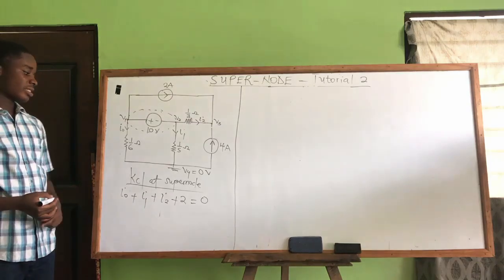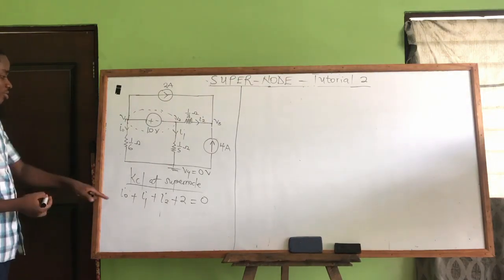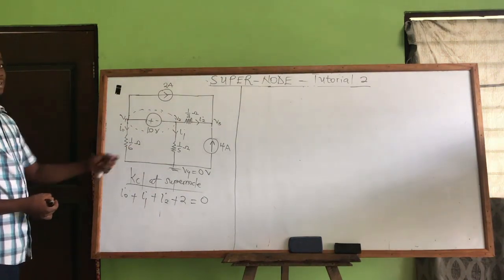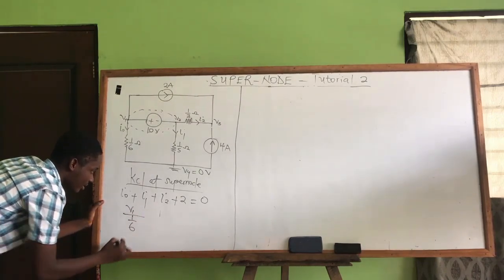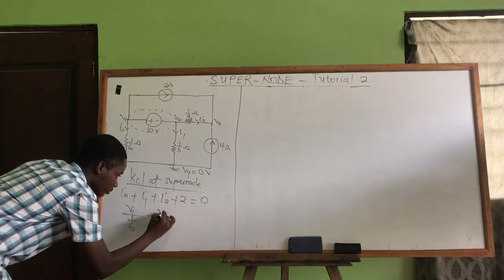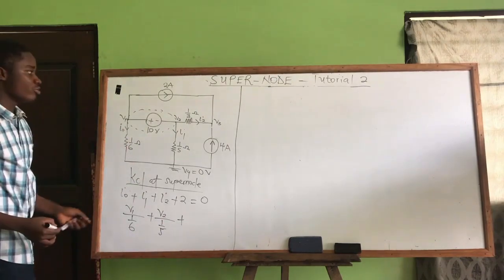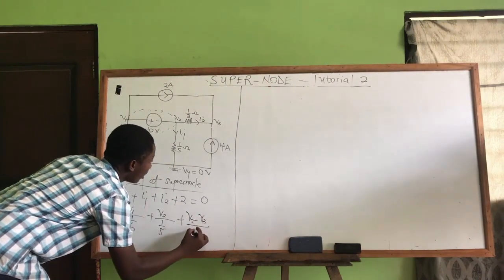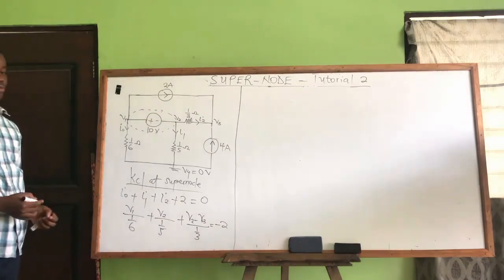Now we have to express each of the currents in terms of the node voltages. I0 becomes V1 minus the reference over the resistor, so V1 over 1/6, plus I1, which is V2 over 1/5, plus I2, which is V2 minus V3 over 1/3, is equal to minus 2.